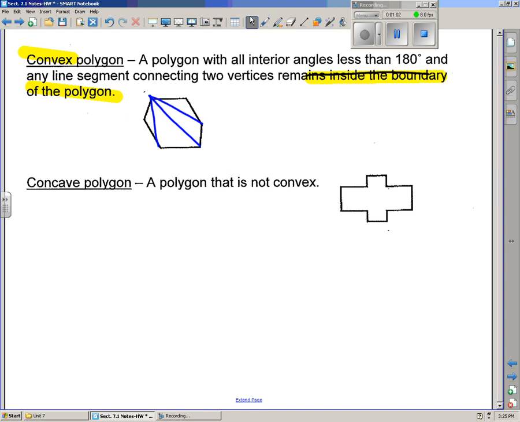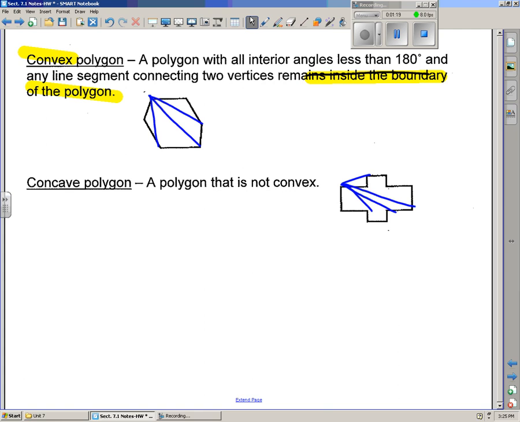So what happens if I were to pick a vertex and start drawing line segments from vertex to vertex, all of those segments remain inside the polygon, but if I were to try to draw a line segment from vertex to vertex there, that line segment falls outside the polygon.